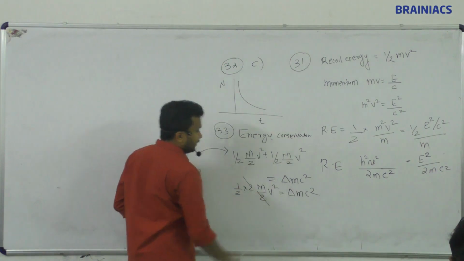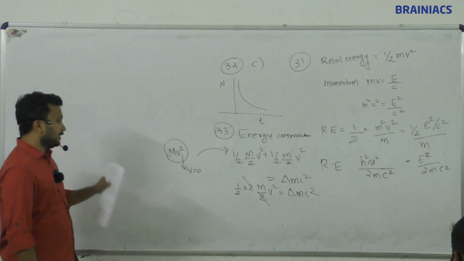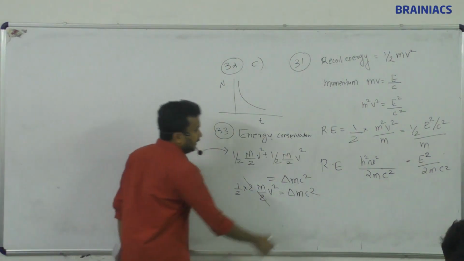2 cancels, 2 cancels. So what do we need to find out? The speed v.